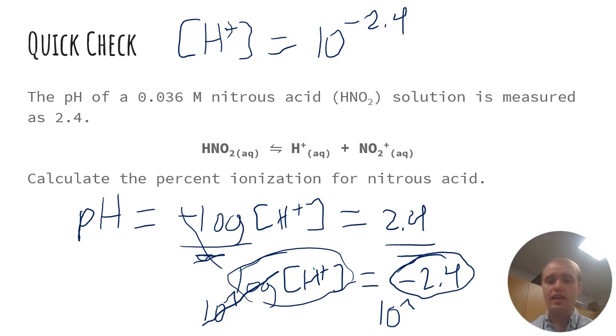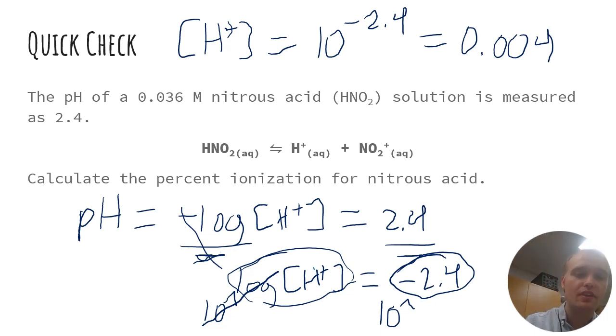Okay? So now what you can do, you can pull out a calculator and you can say 10 to the negative 2.4. And what you get right there is that the concentration of H+ is 0.00, we'll say, in this case, we'll just round it up to make our math easier, 4. It's really 0.00398, but just to make our math simpler, 0.004.